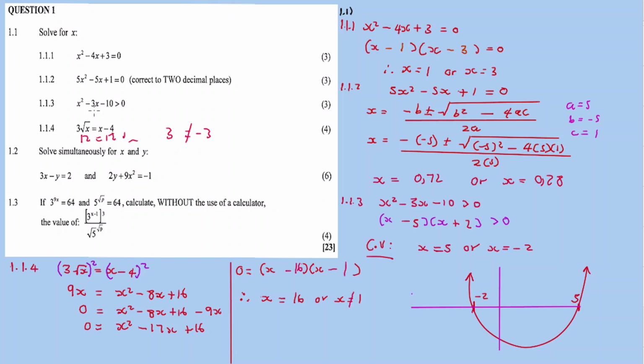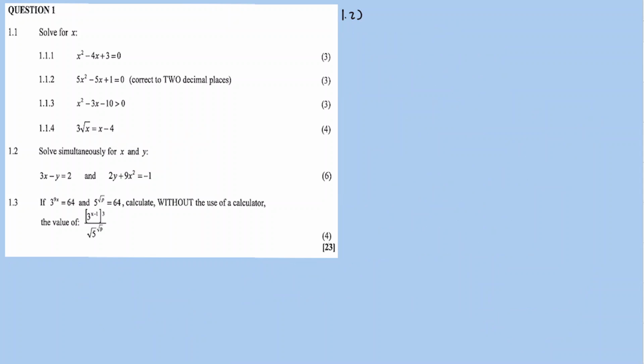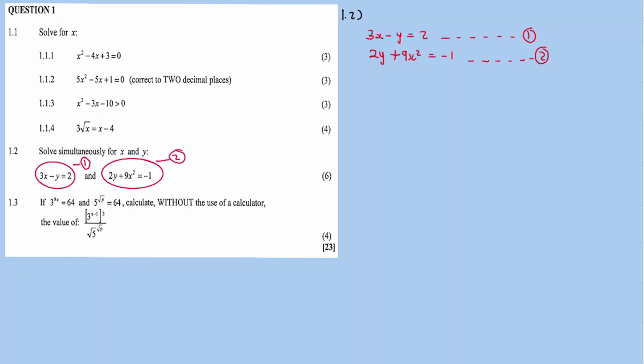So 1.1 uphelela la, solving for x yaku simultaneous equation ku 1.2. Alright, 1.2 solve simultaneously for x and y. Given 3x minus y equal to 2, let's call this equation 1. 2y plus 9x squared equal to minus 1, let's call this equation 2.